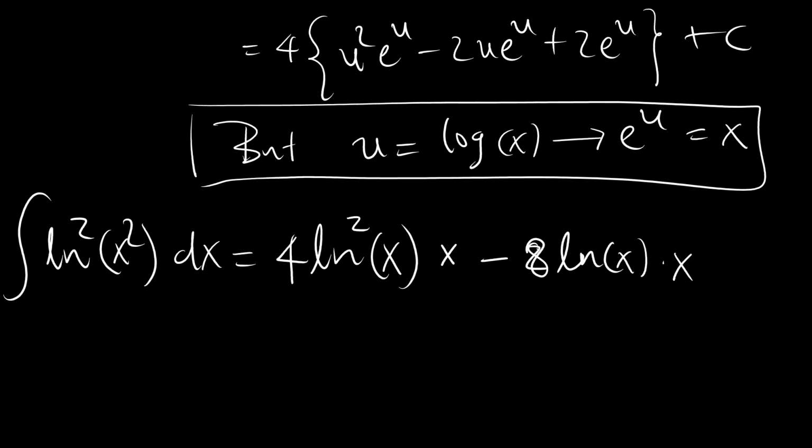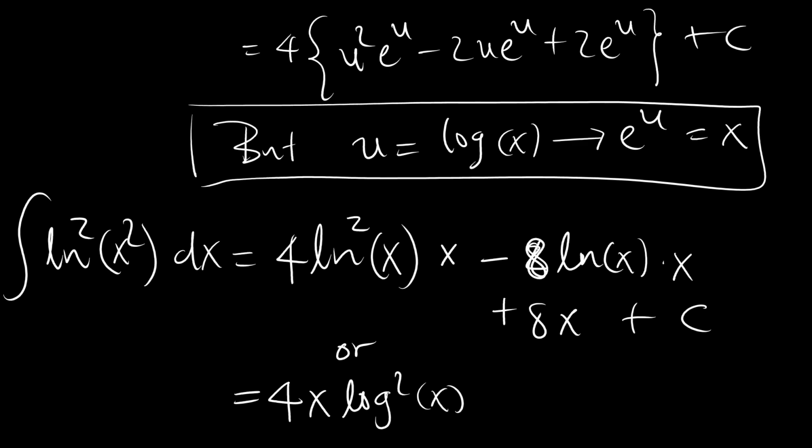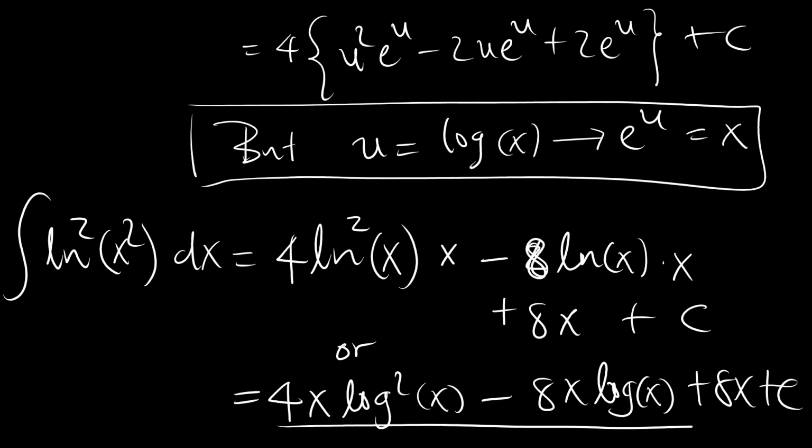Actually, this is 8, and then plus 8x plus c, is equal to 4x log squared of x minus 8x log of x plus 8x plus c. And that, ladies and gentlemen, was the answer that was required.